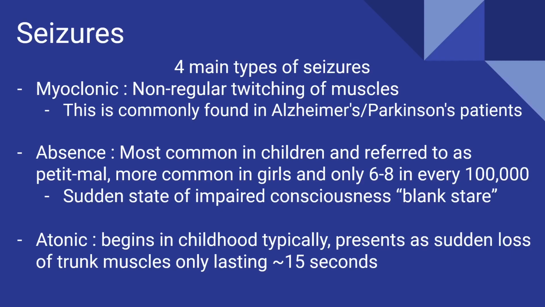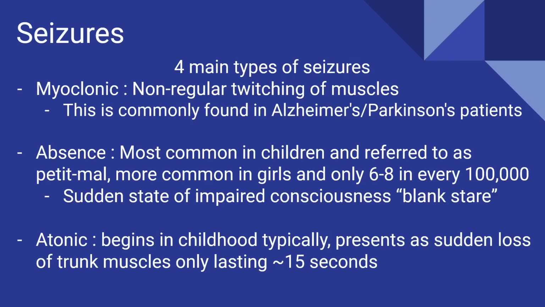They have shown this in Alzheimer's and Parkinson's patients, where they'll have twitching, but it's not regular. It'd be, let's say, a 1-2 twitch, a pause, then a 1 twitch, then a pause, then a 1-2 twitch. It could be arrhythmic twitching.